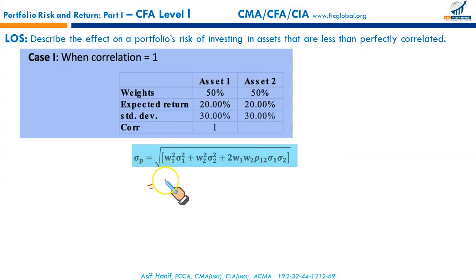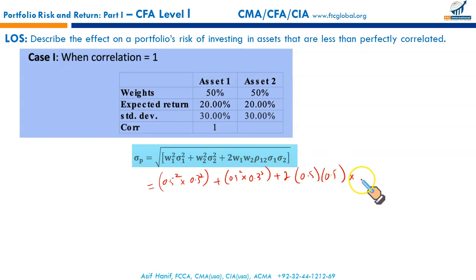The weight is 0.5 squared, 0.3 squared, then next combination, 0.5 squared times 0.3 squared plus 2 times 0.5, 0.5 times the coefficient of correlation, that is 1, and the standard deviations, that is 0.3 and 0.3.